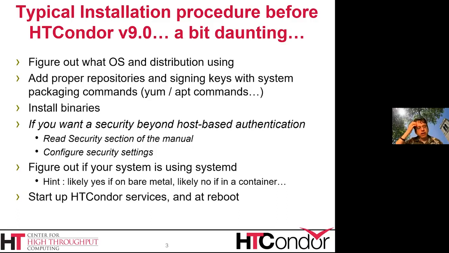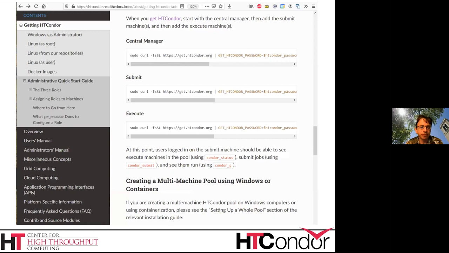You had to configure all of your security, figure out how your system starts services, and finally start up HTCondor and set it up so it also gets started at reboot. Like I said, this process is a bit daunting for someone new to the HTCondor game.